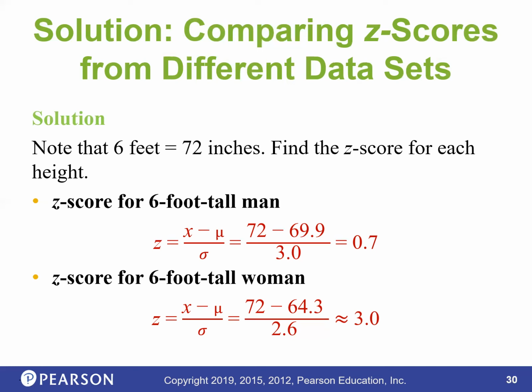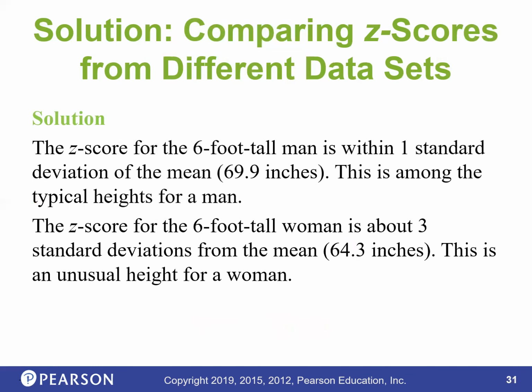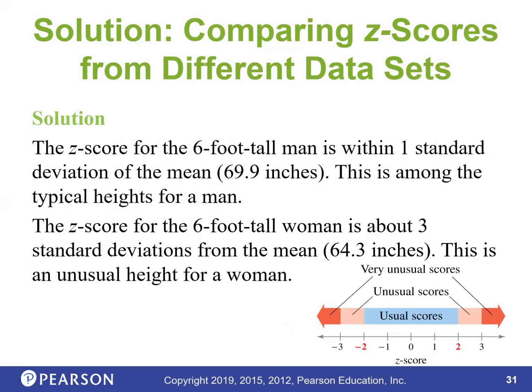Tricks of the trade. Okay, real quick, what does this mean? Here's the graphic on the next slide. If you want to copy this one down, that's good for you. These are Z-scores right here. If you had a Z-score of 0, you are right in the middle. If you had a Z-score of 0.7, you're about right here, but you're still a usual score.